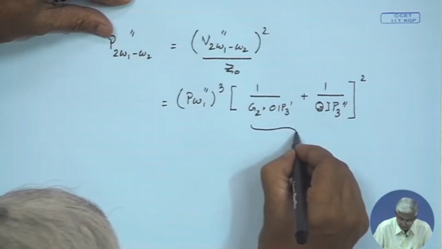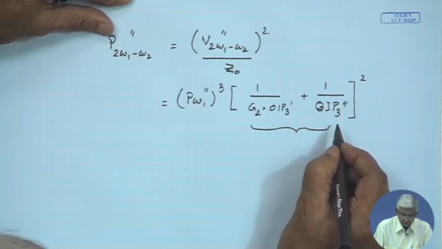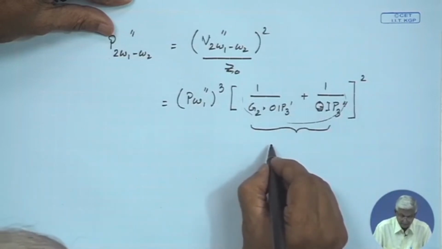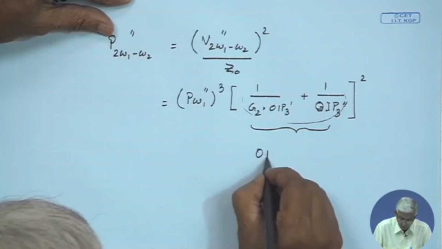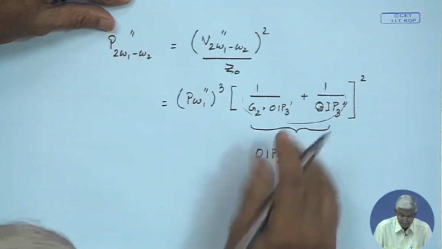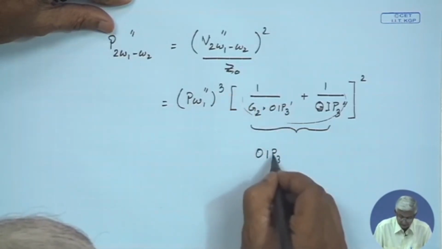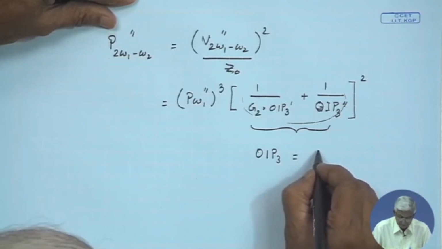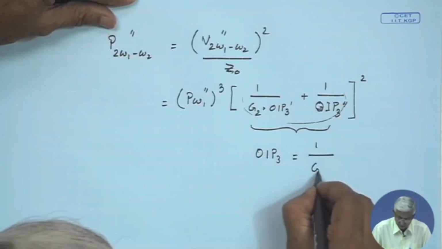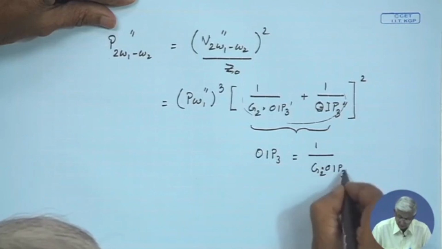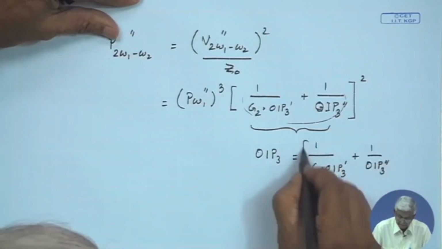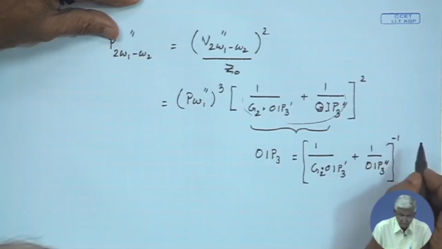Now, if we define this part inside as OIP3, which is the total output intercept point of the cascaded system, then I can write OIP3 is equal to 1 by G2 OIP3 prime plus 1 by OIP3 double prime, the whole thing to the power of minus 1.